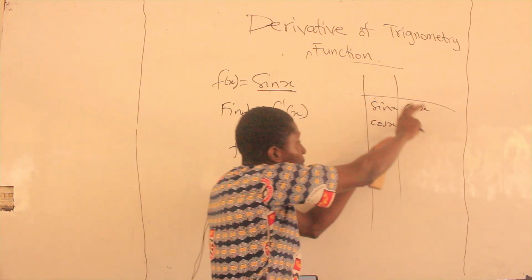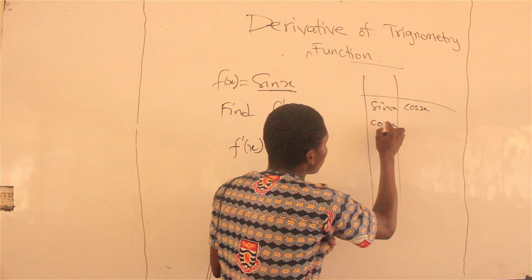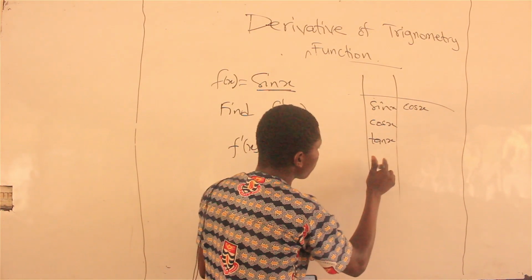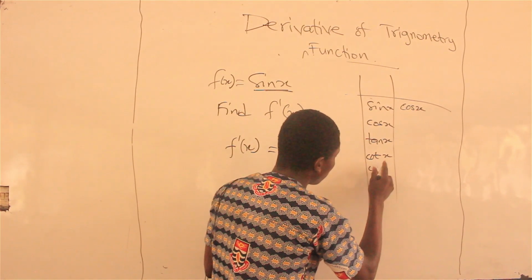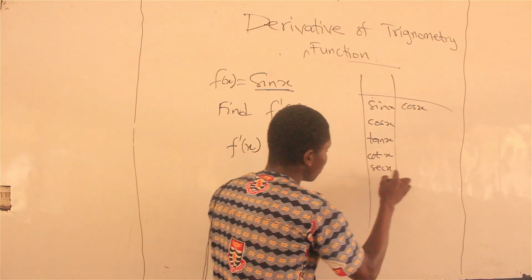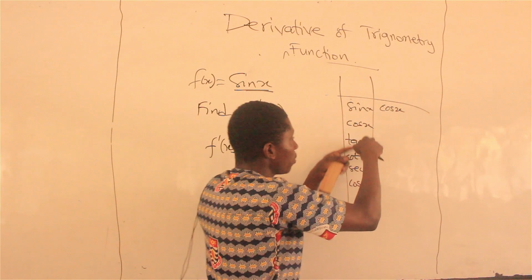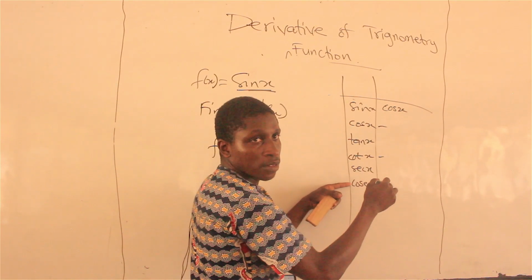So I'm just doing this one here so that it will guide you. So you have the cos s, tan s, cot s, sec s, cosec s. You see, you interchange this one, but when you start with c, you start with negative.